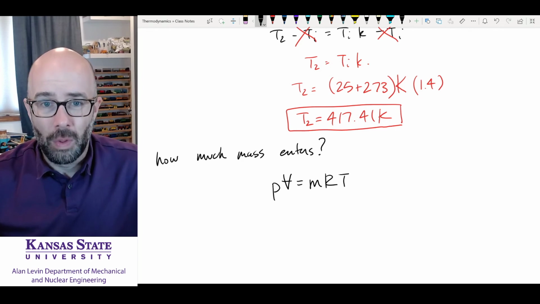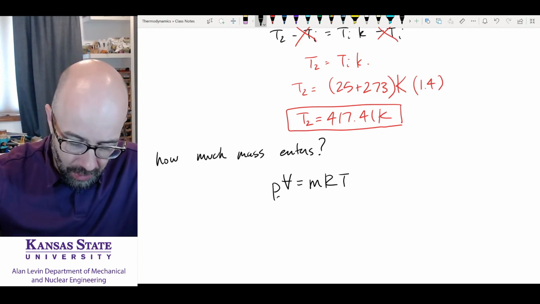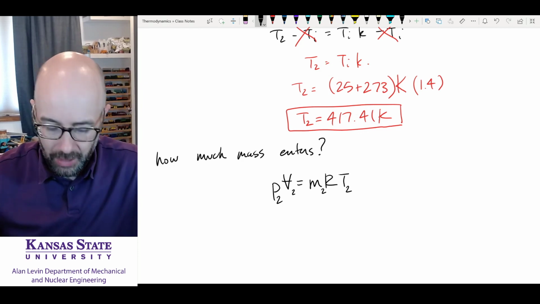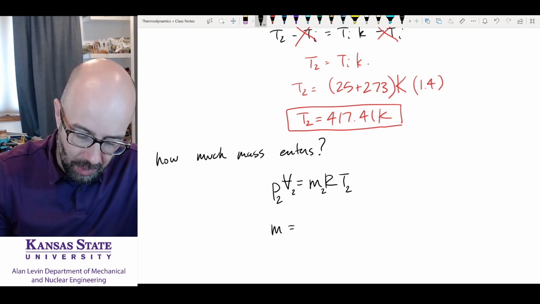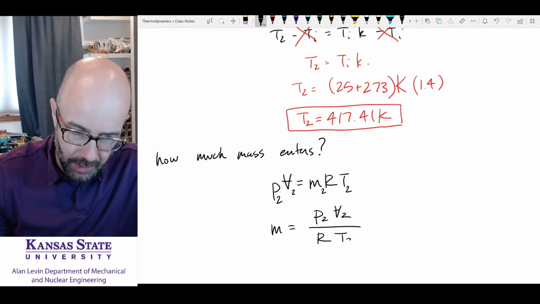Now, when we're looking at mass enters, we have to look at that final state. So this has to be P2, V2, m2, R, T2. And so we can solve this to say the mass is equal to P2 V2 all over R T2.